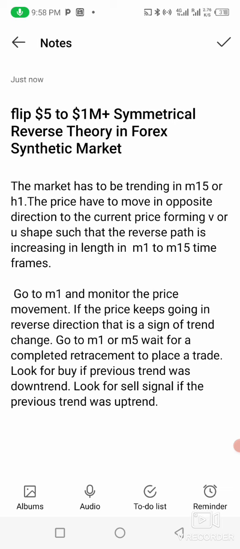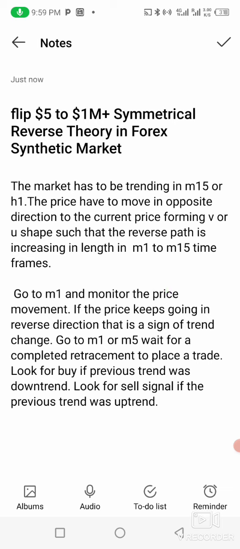If the price keeps going in the reverse direction, give it from 30 minutes to 2 hours, and monitor the behavior of the market in M1.